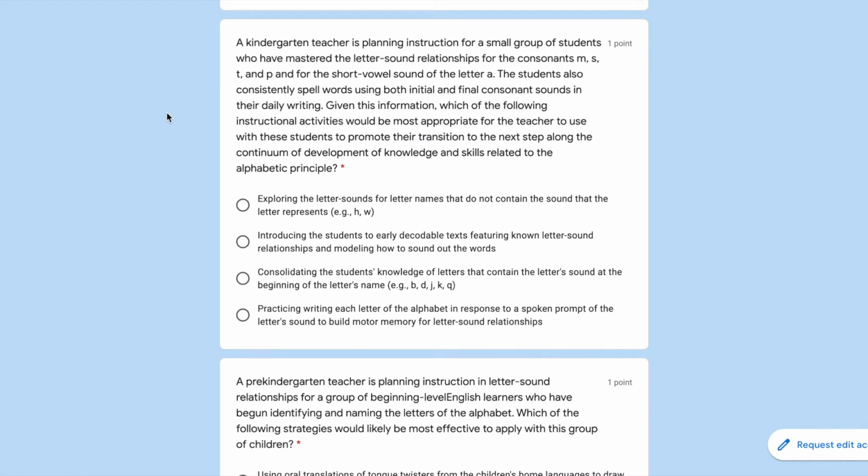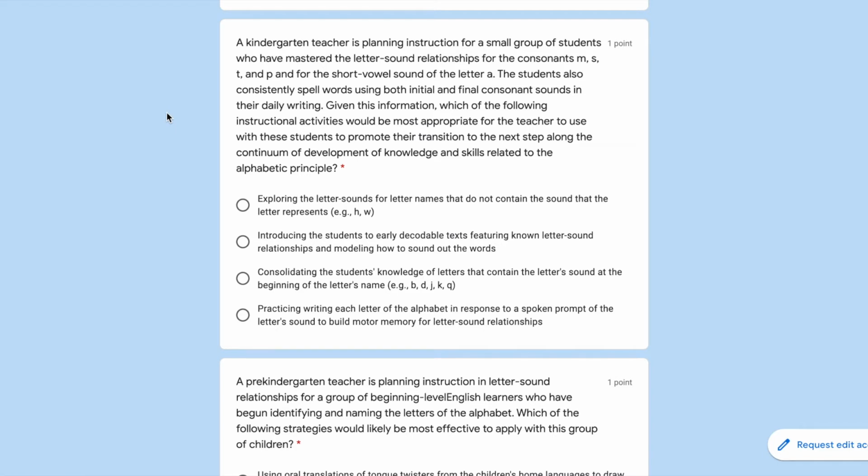All right, so we have a couple of options here, and option number 1 is exploring the letter sounds for letter names that do not contain the sound that the letter represents, for example, H and W. The second one says introducing the students to early decodable text featuring known letter sound relationships and modeling how to sound out the words.